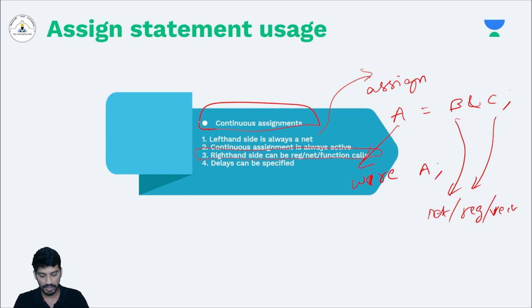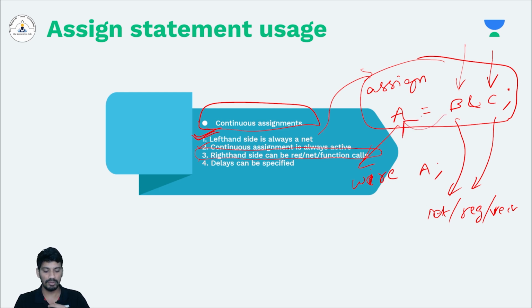So consider this thing: if you are having a continuous assignment statement, the left side should always be a net, and the property of continuous assignment is, once you assign the statement, what does it do? If there is any change in inputs, immediately it will affect the output A. So that means the continuous assignment is always active, which means if there is any change in the right side parameters, right side inputs, immediately the left side output will be affected.